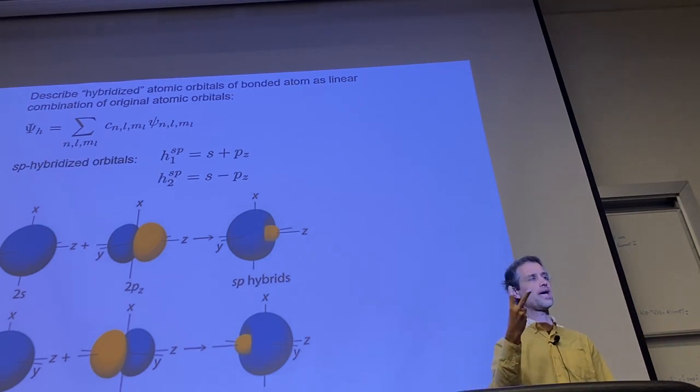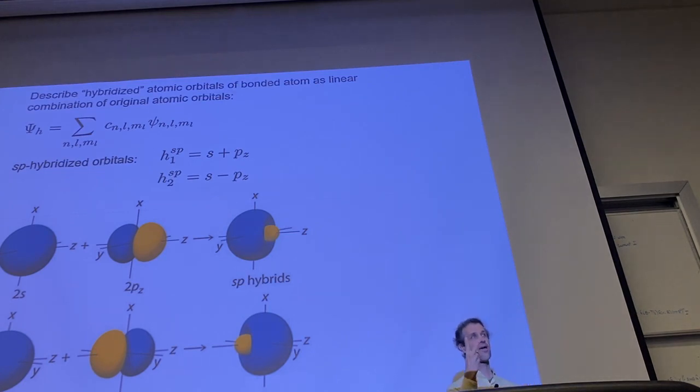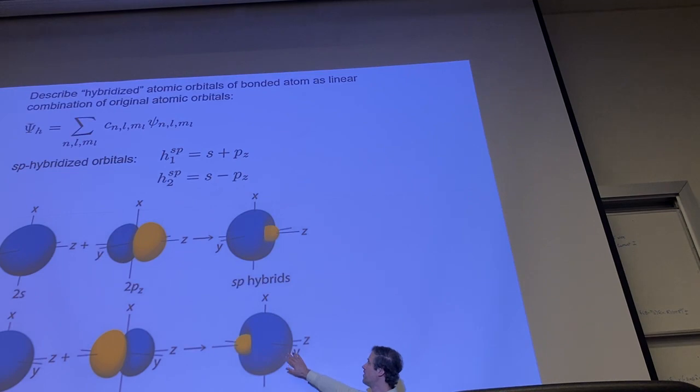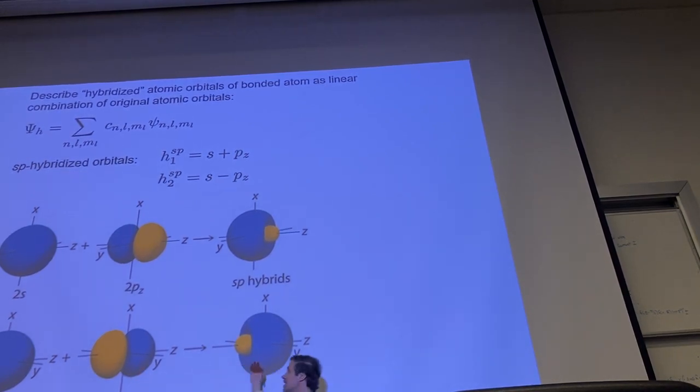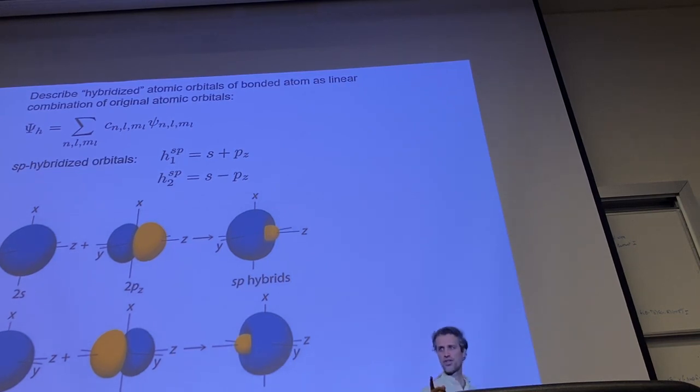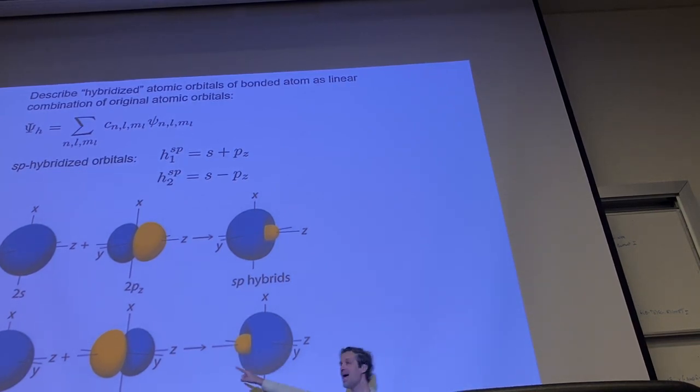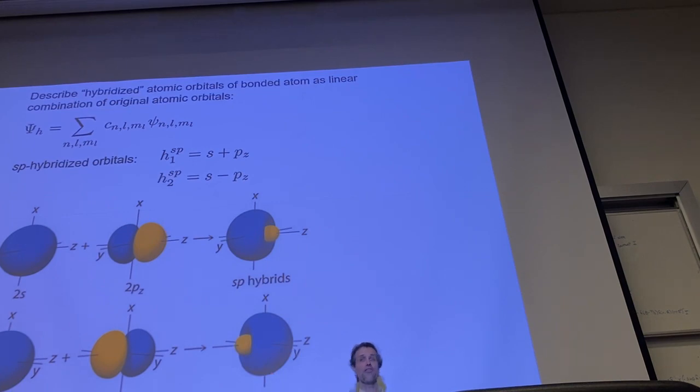You start with two states, you are still having two states, but they now have different geometrical qualities. These shapes are justified, and this is a better description than these individual orbitals in the case the carbon atom is surrounded by other charges. This is way better than that. But this is situation specific. Carbon can be in different hybridization states because it can be in different environments. That's why I have all kinds of possibilities.